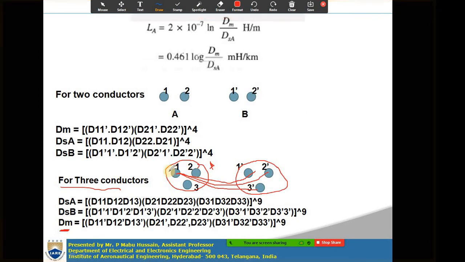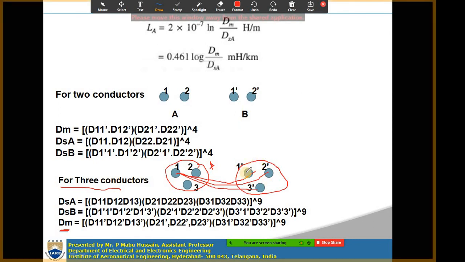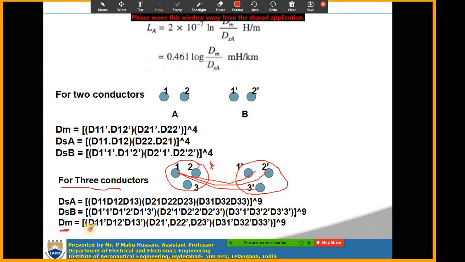The distance from the first strand of conductor A to all the strands of conductor B. So, those distances' product is the first term: D11', D12', D13'.